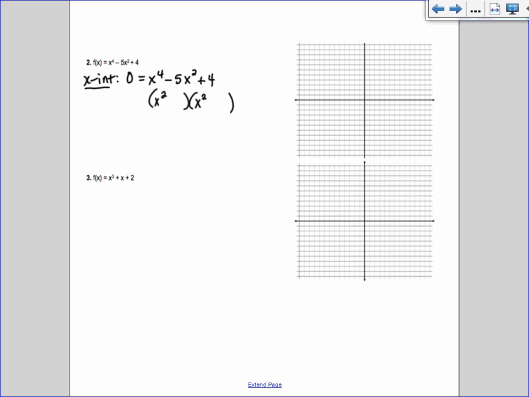To make that positive 4 and the outer and inner combine to be negative 5, I'm going to need a negative 4 and a negative 1. Now you see that it goes again. X plus 2, x minus 2, x plus 1, x minus 1. So my x-intercepts are negative 2, 2, negative 1, and 1.